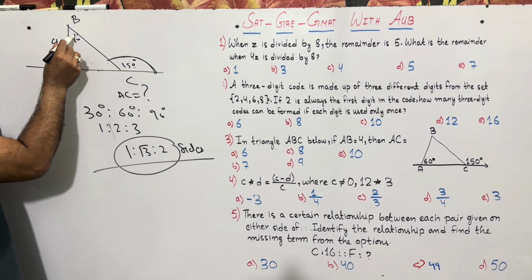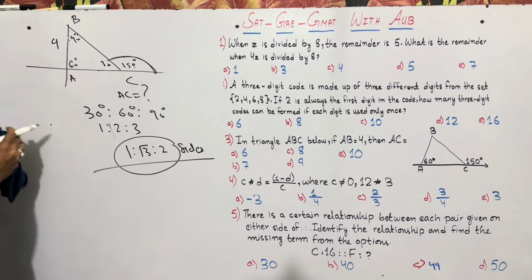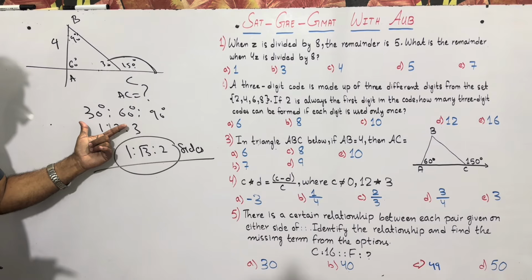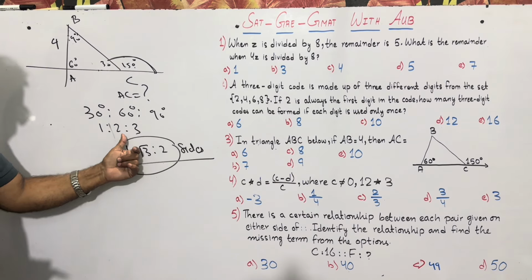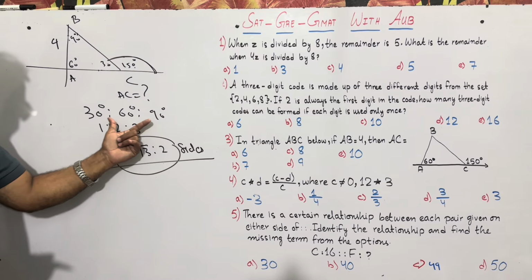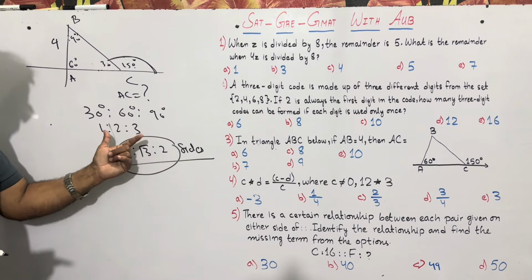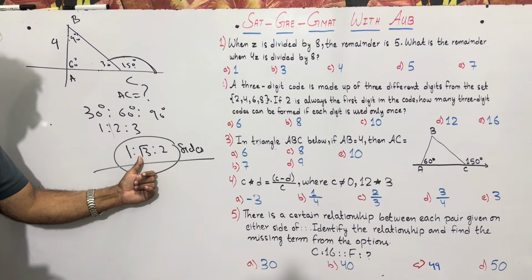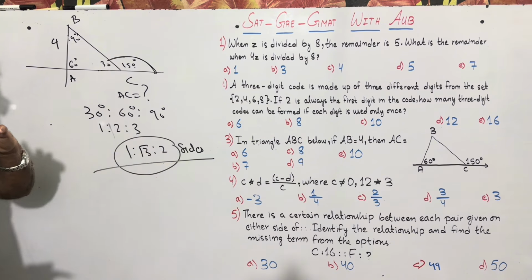It's 90. So the other angle is also 30. That is the other way around to solve this. When we have angles in ratio 30, 60, 90, then their sides ratio is 1, root 3, 2.